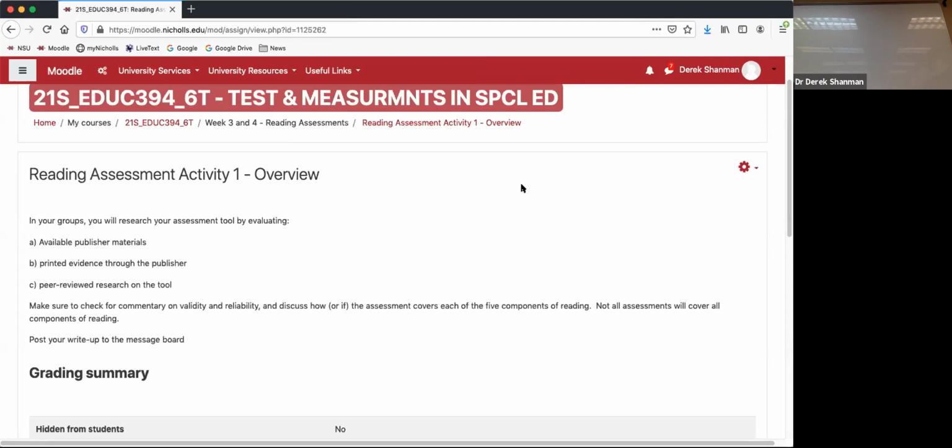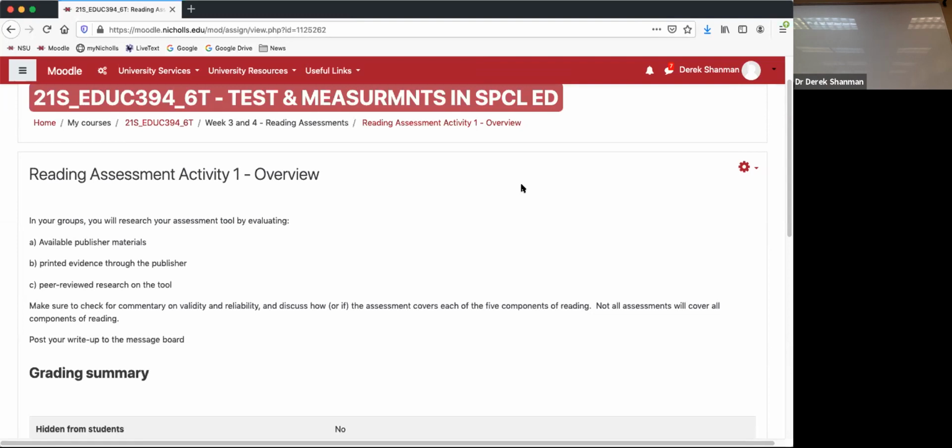So if you put QRI 5 into Google Scholar, you're going to get some random results. If you put DIBELS oral reading fluency, you're going to get some more specific things. You're going to have to really look through what the articles are saying. Some of them compare one assessment to the other. Some look at one part of the assessment and not another. So you're really pulling all the information together.